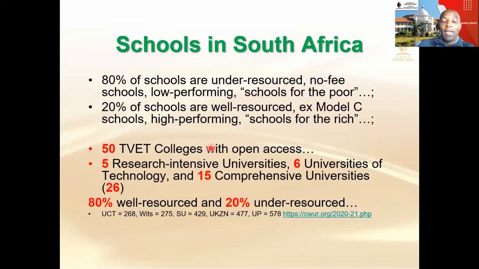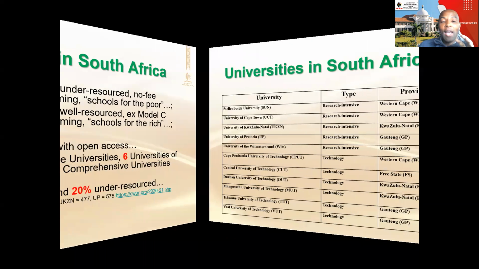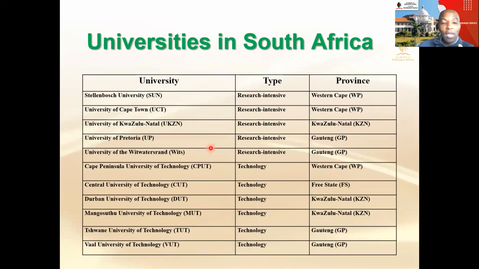Whereas comprehensive universities, if they see that your results are weak, may start you with a diploma. They may take you a level down. But the research-intensive universities in South Africa are not allowed to do that.